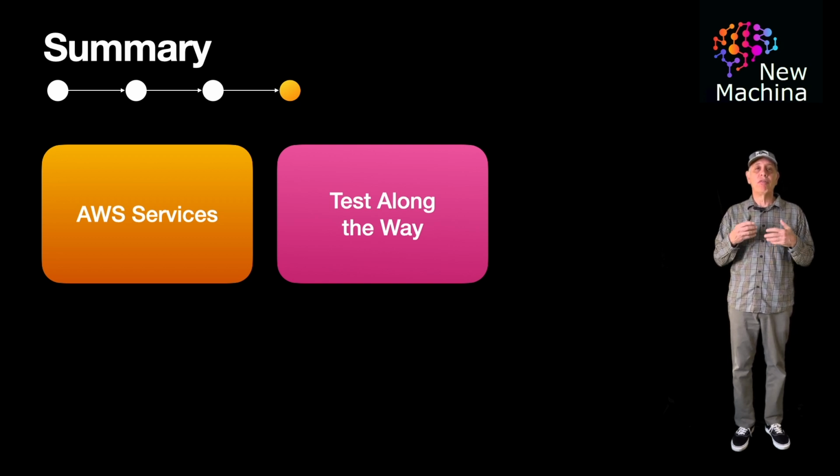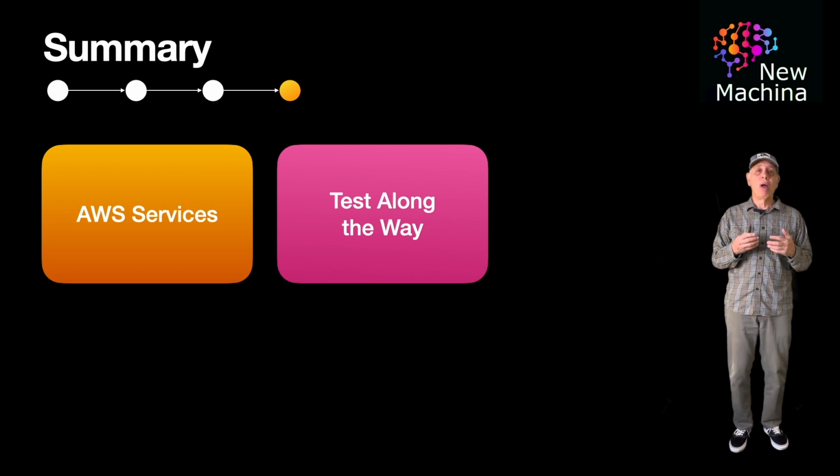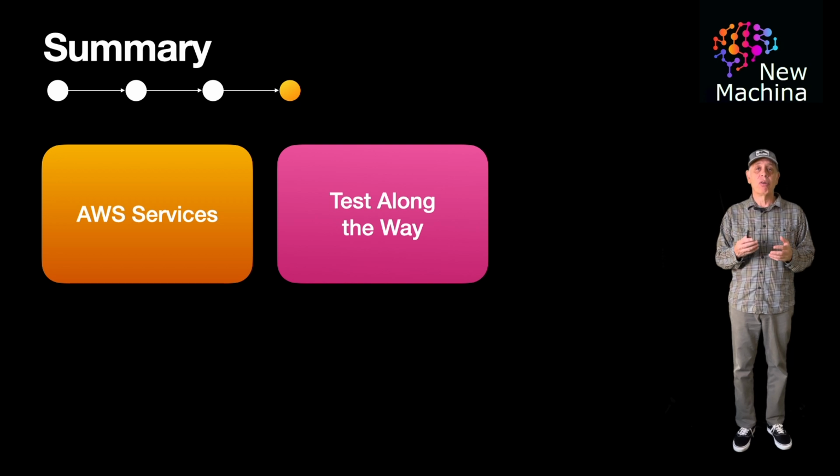An example of testing along the way in this video was testing the web chat client with a browser and making sure it could be loaded directly from S3. This helped me confirm that the S3 static web hosting configuration was correct. As we move through this video series, I will show you more ways to test along the way, and I strongly encourage you to follow this best practice.